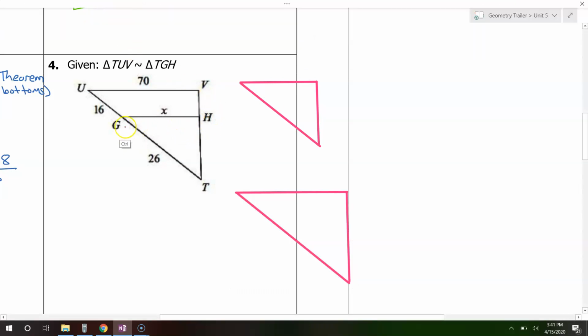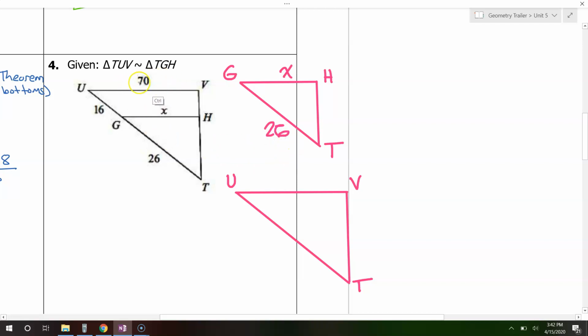All right, so for the small triangle, this is G and H and T. For the large triangle, I've got U and V and T. On the small triangle, I have the X and the 26.